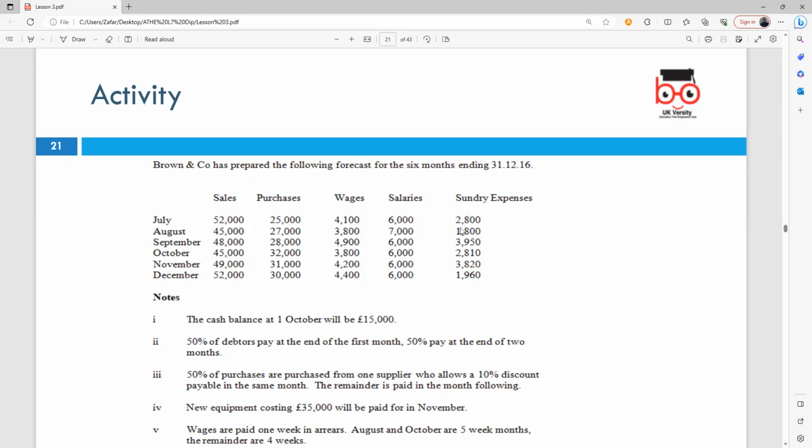Sundry expenses are miscellaneous expenses or other expenses, things that don't go under any heading. They have July, August, September, October, November, and December, with sales, purchases, wages and salaries and sundries for each.